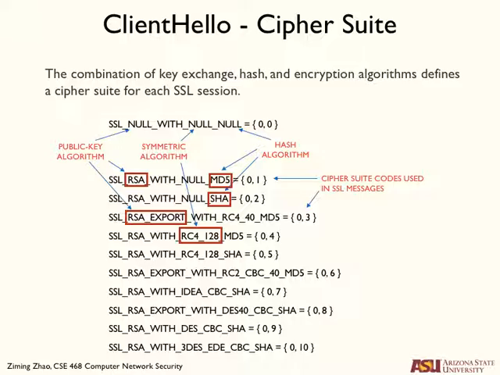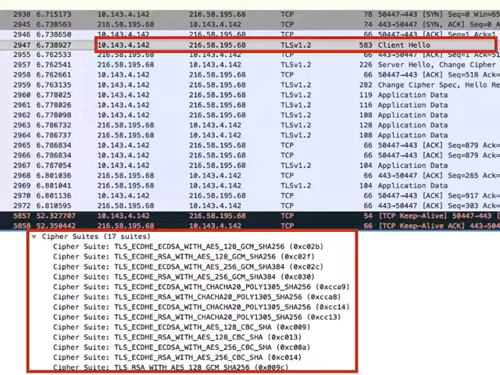And my browser can support MD5 or SHA-1 as a hash algorithm to do HMAC, to do message authentication code. So this is just a list of all the Cipher suites my browser can support.